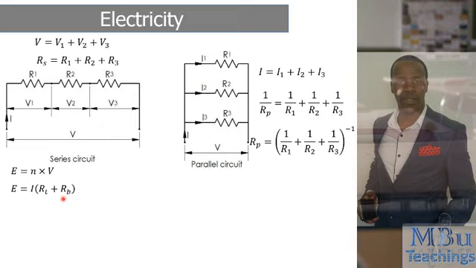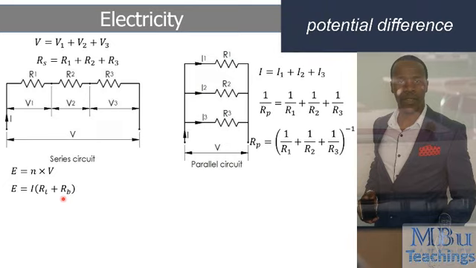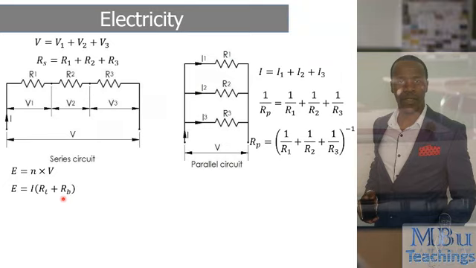Then we have RB. RB is the resistance of the battery. That means you have to add the internal resistance of those cells together to get the RB. So RB is the internal resistance of the battery. Then we have the potential difference. Potential difference could equal I times RT. This time we will not include the RB.